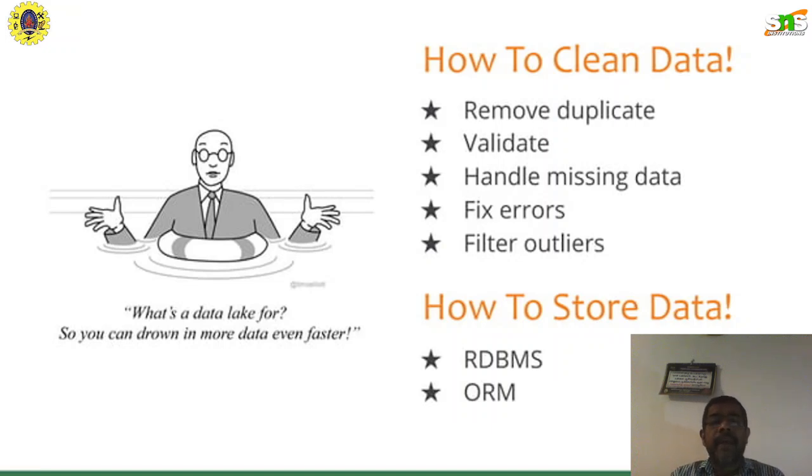So how could I clean the data? First of all, I have to look over the duplicate data. In case the data set has many duplicates, I have to remove the duplication of these data values. The next one is to validate. Validate means every attribute has appropriate data. For example, say I have an attribute called age. In that age column only numeric values should be allowed.